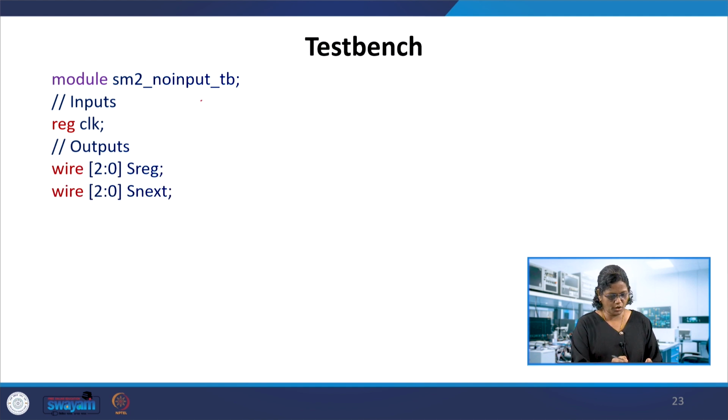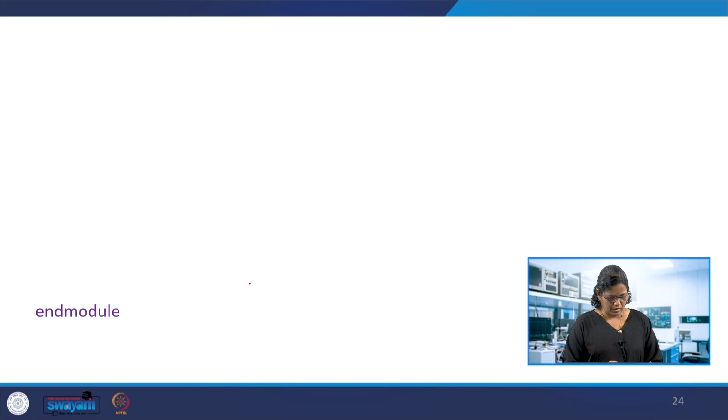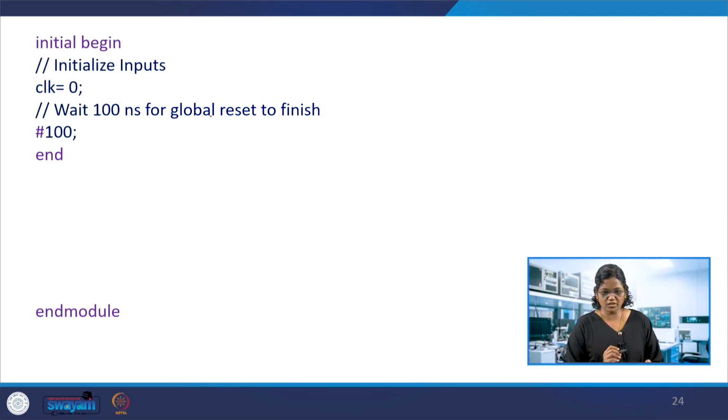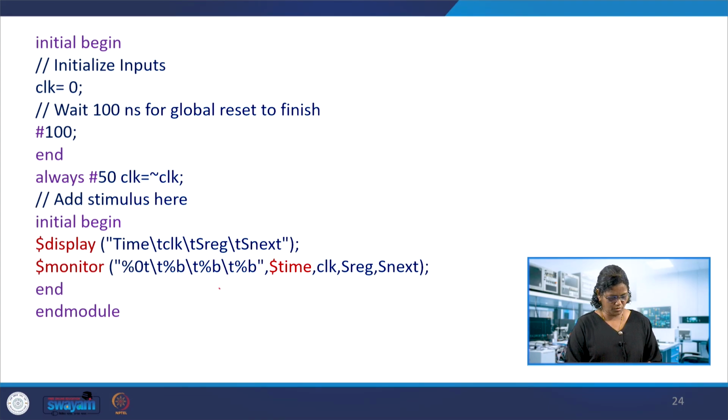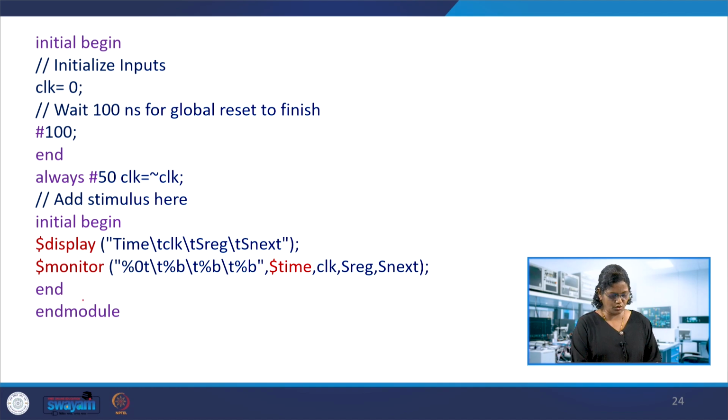In the module test bench, we instantiate them, initialize the inputs, then wait for the global reset, then the stimulus. You can notice there is no specification of an enable input or anything. We only need the clock, which moves the state machine from one state to another.